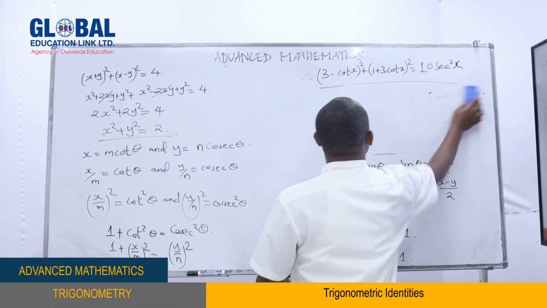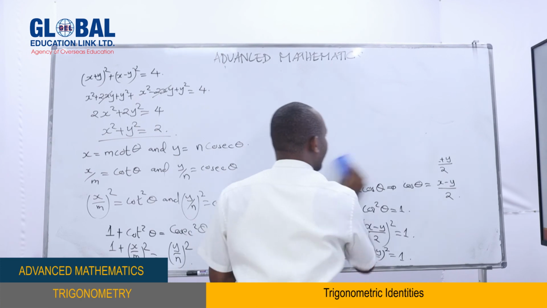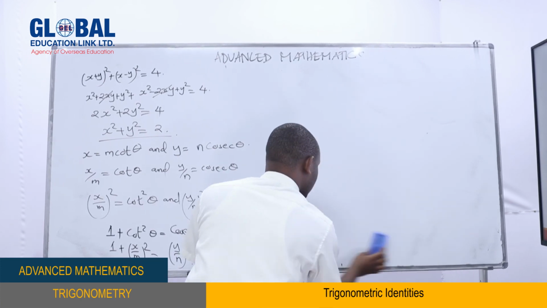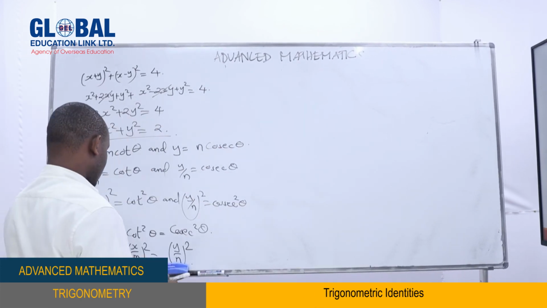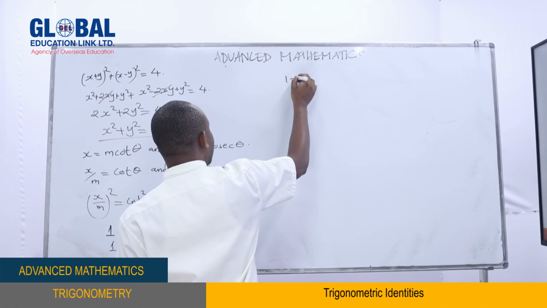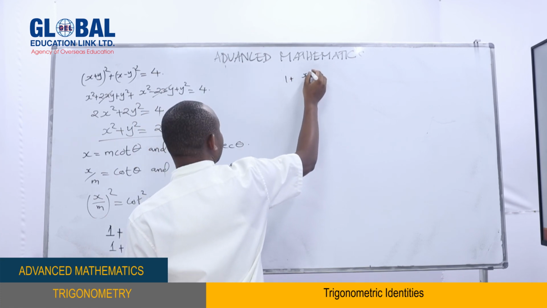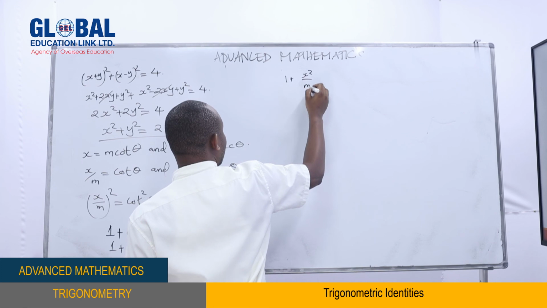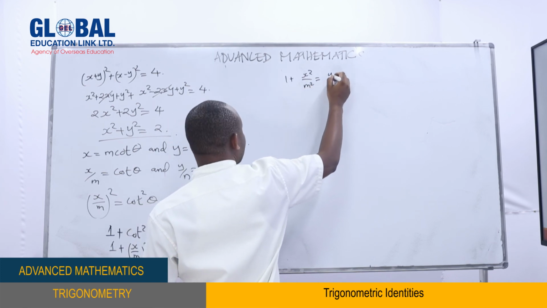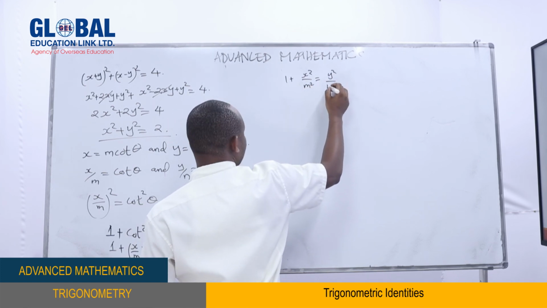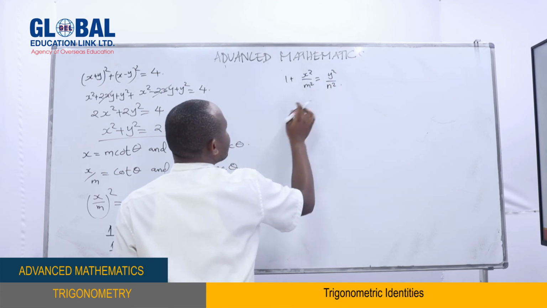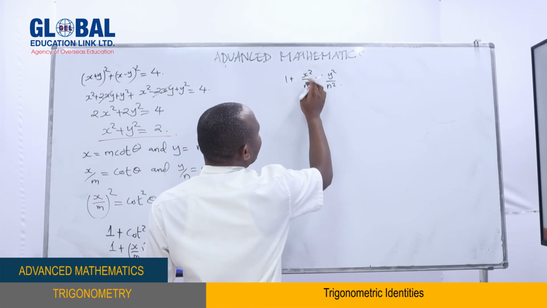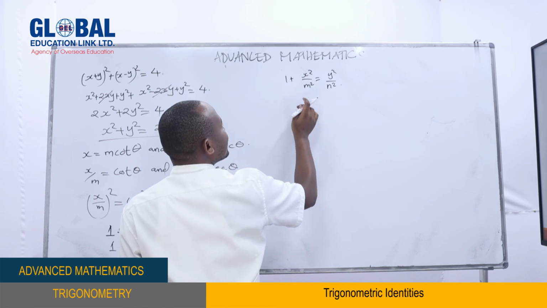And let's do that. So we have 1 plus x squared over m squared equals y squared over n squared. If we assume those are constants, then let's collect the variables.